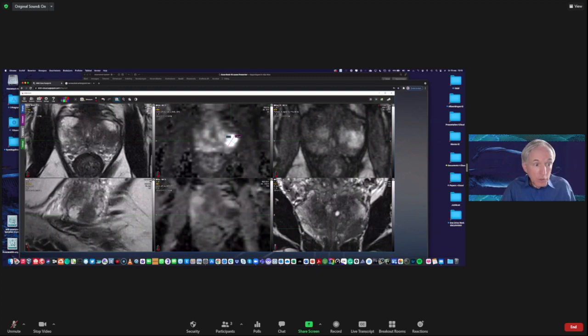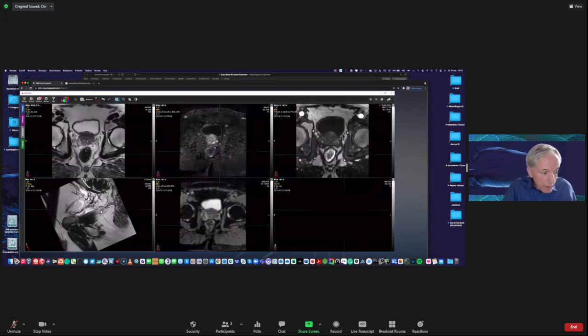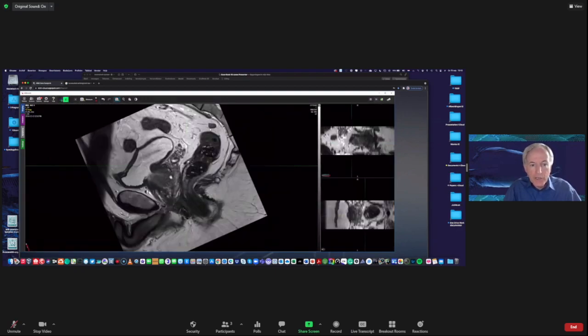Okay, I will continue. What actually needs to be done is you need to have a very good view of everything. So let's go to this one, and now there must be something else which I didn't see. You see the structure over here? Let's have a look. This structure over here is in the presacral and in the perirectal region.